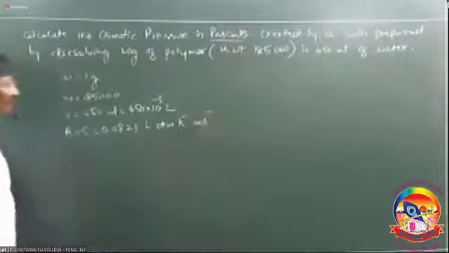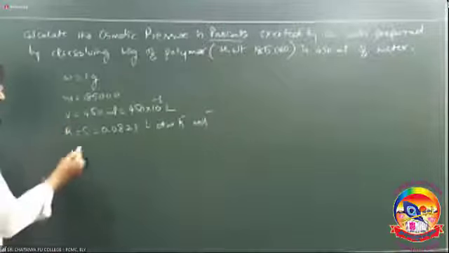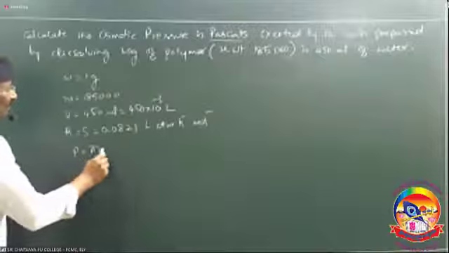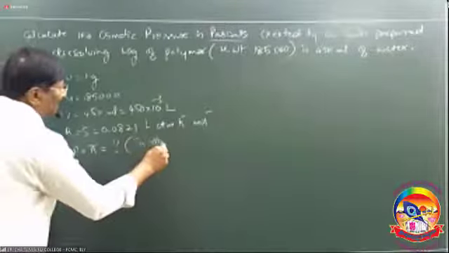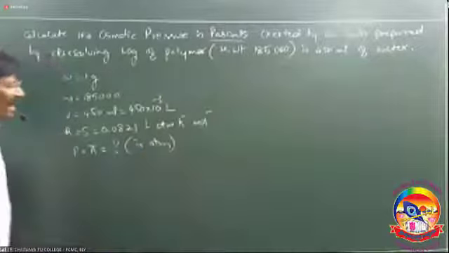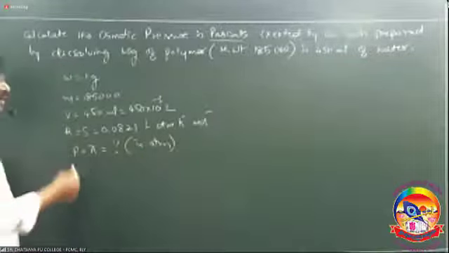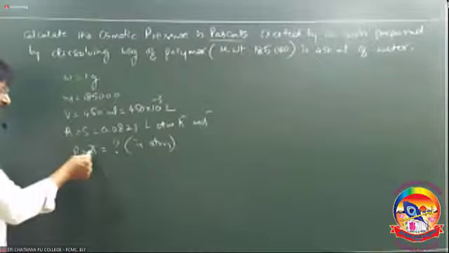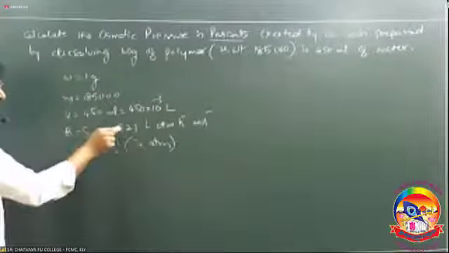Therefore, when all the values are like this, the pressure pi we will get in atmospheres. What is the formula we have? This is the data given. Here pi initially we calculate in atmospheres because it depends on the R value.